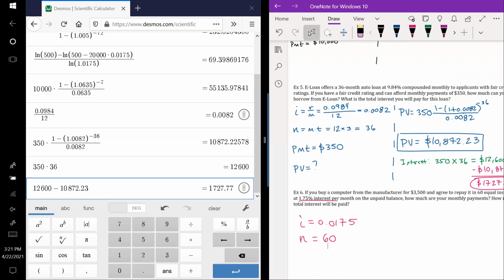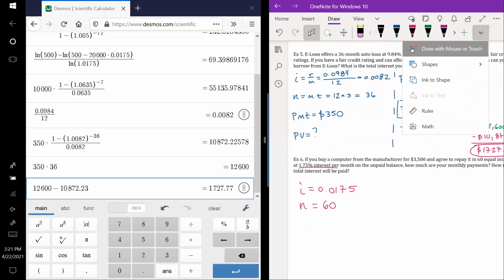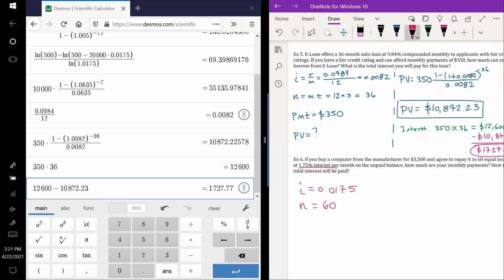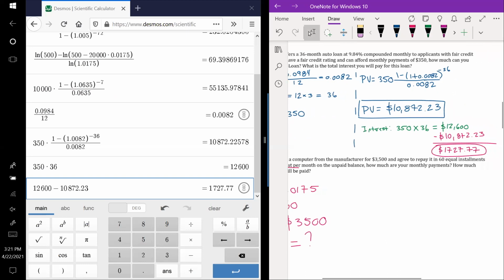And then what we know is that we're going to buy this computer. So the present value, we're going to buy this computer for $3,500. So the one thing we want to know is how much will our payment be? Which means we can go ahead and plug this information in and solve for payment this time.